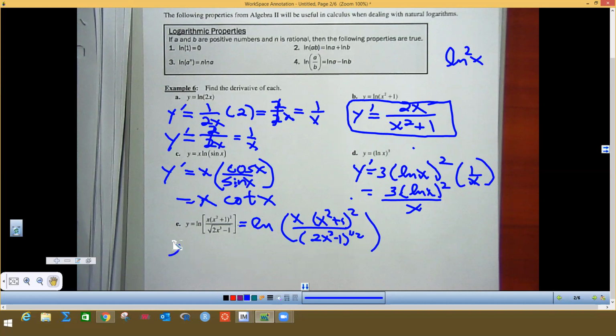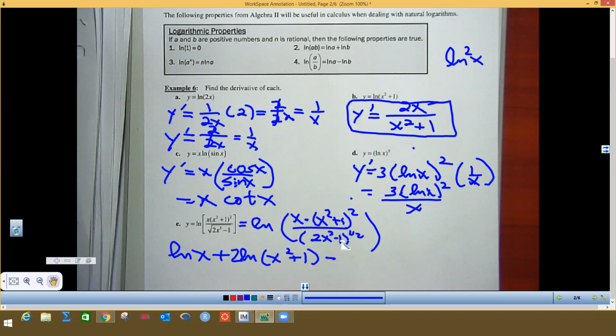So if you look, we can rewrite this as natural log of x for this first one, and then there's a times here. So that means I can do the plus from this one up here, plus the natural log of x squared plus 1. Now that square is not the natural log squared, so I am allowed to move this 2 to the front of the natural log, by using this rule.